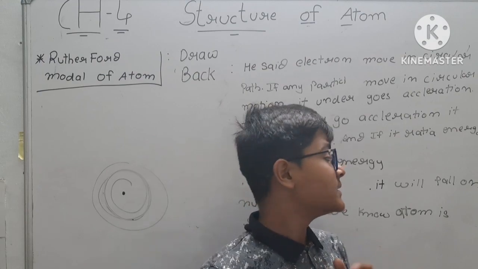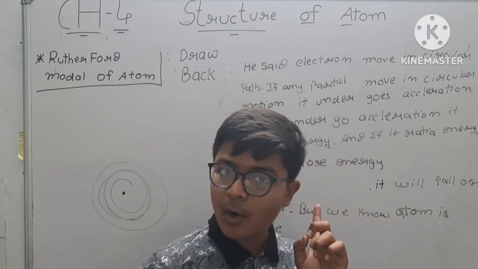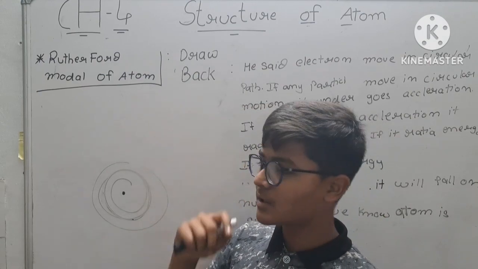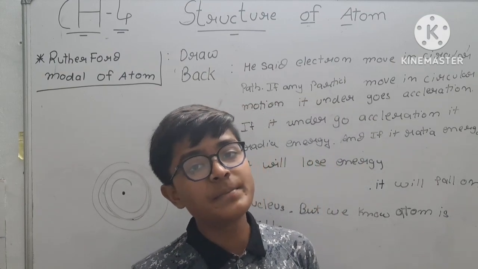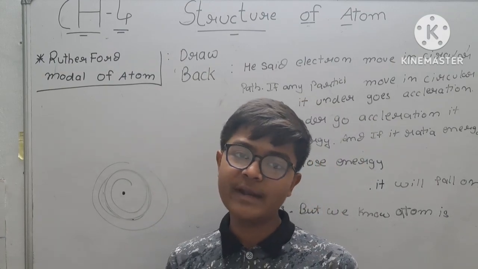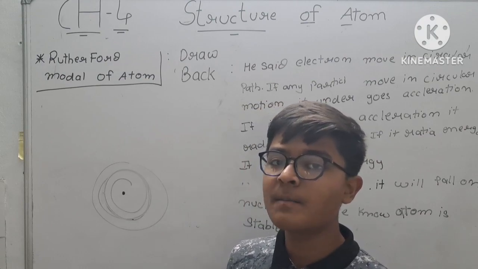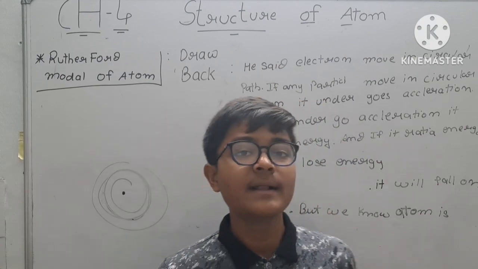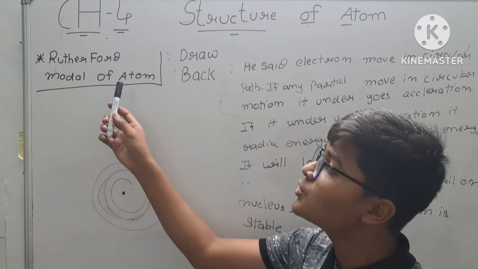But we know that the atom is stable. So this is the drawback of Rutherford, and it was completed by Bohr's model of an atom. Bohr's model of an atom completes that drawback, and this is the most important topic.